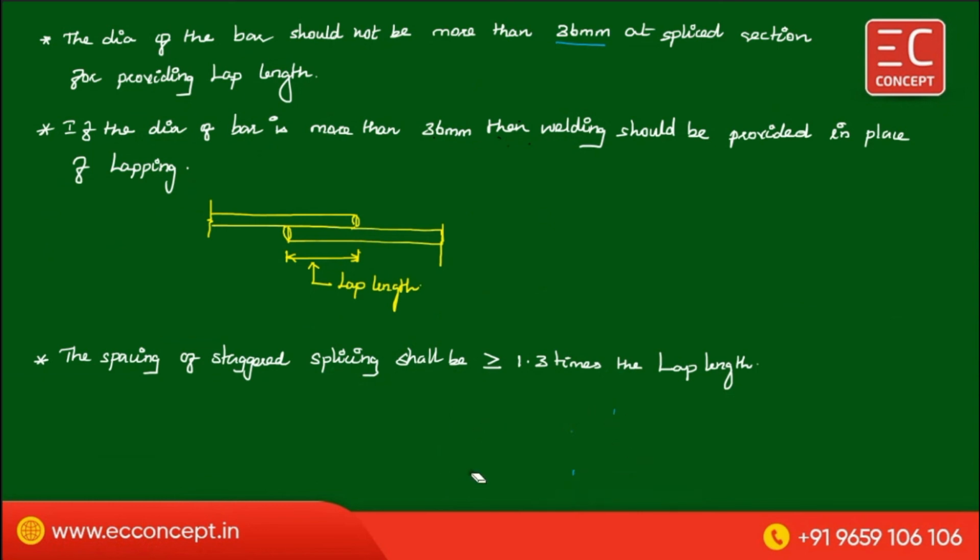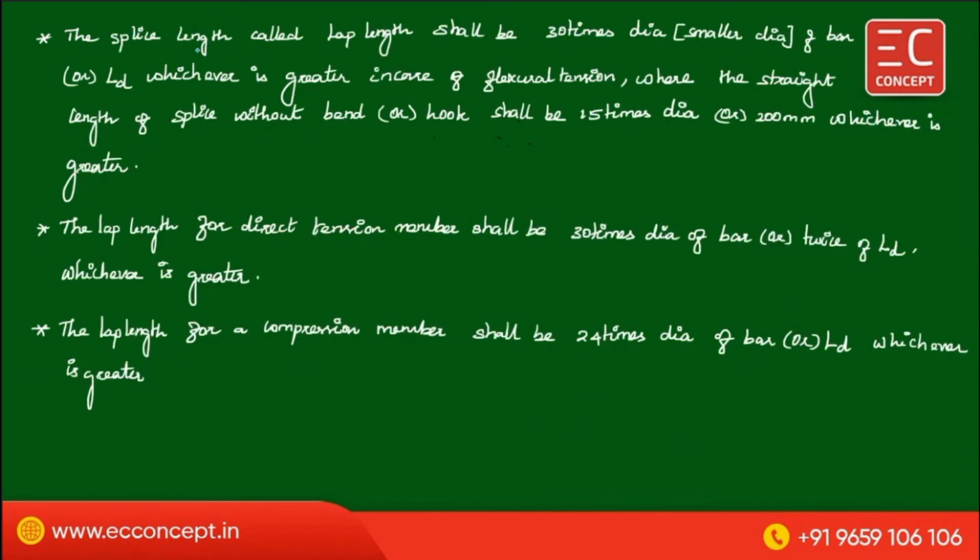Now the next one is the splice length or lap length. It shall be 30 times the diameter of bar or Ld, whichever is greater in case of flexural tension, where the straight length of splice without bend or hook shall be 15 times the diameter or 200 mm, whichever is greater.